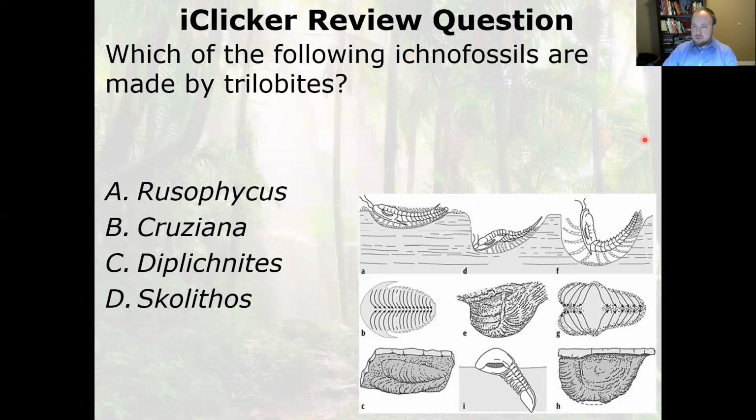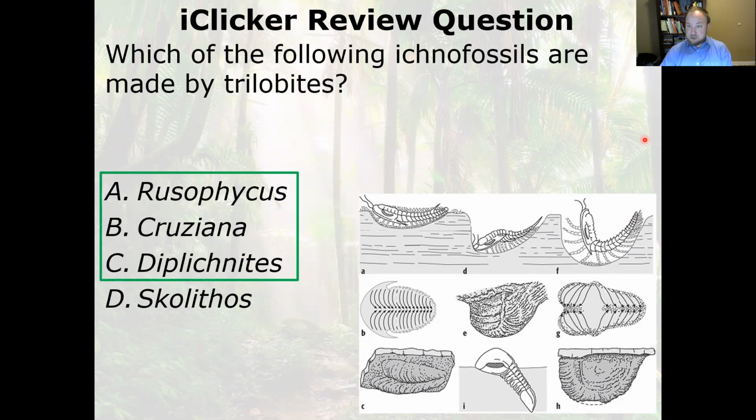Three, two, one. And the answer is those first three. So an individual trilobite species is capable of making all three of those different traces, and not just one trilobite species, but pretty much any trilobite species that behaves in that very similar way.